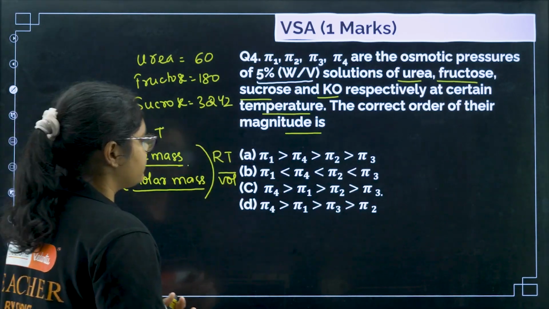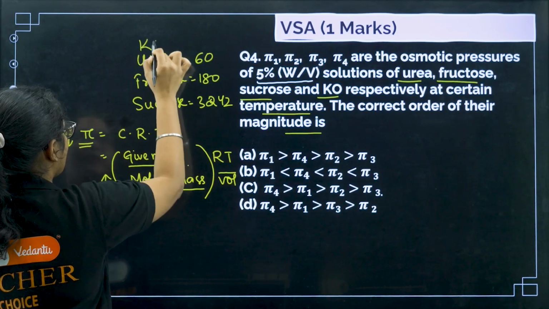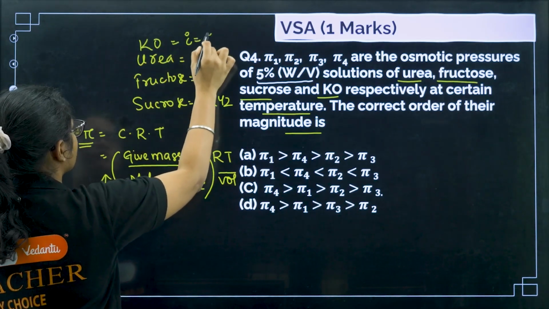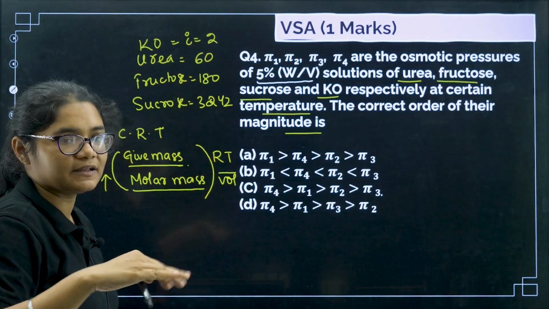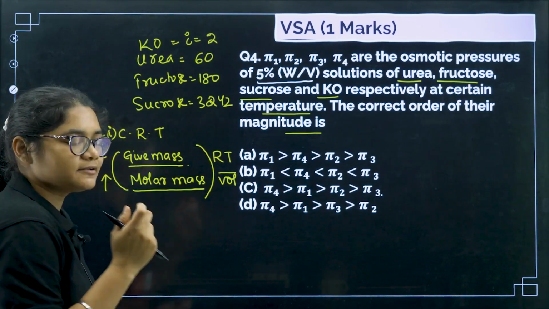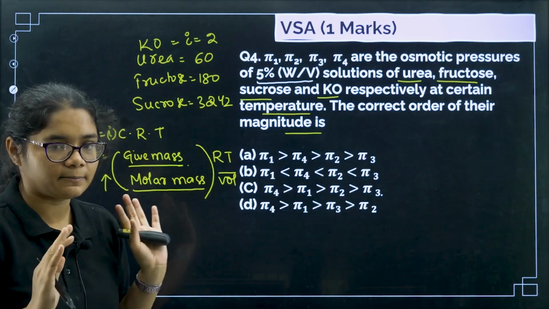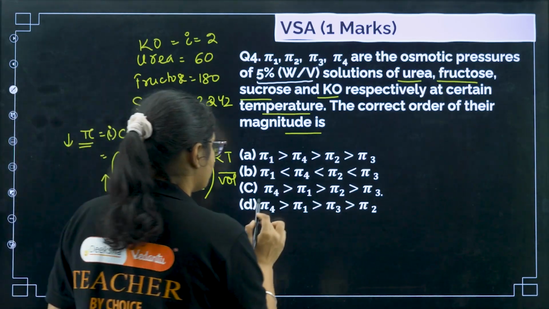Last one is KCl, but KCl has an i value of 2. It dissociates to give K plus and Cl minus. So one i value will be multiplied. When an ion dissociates, it will have more osmotic pressure. So definitely pi 4 has to be more.